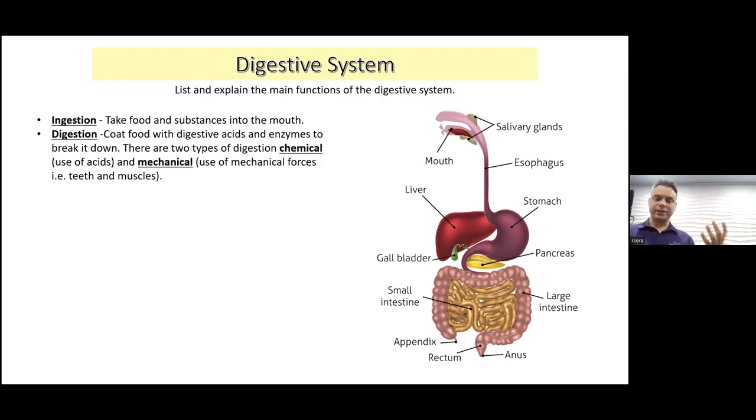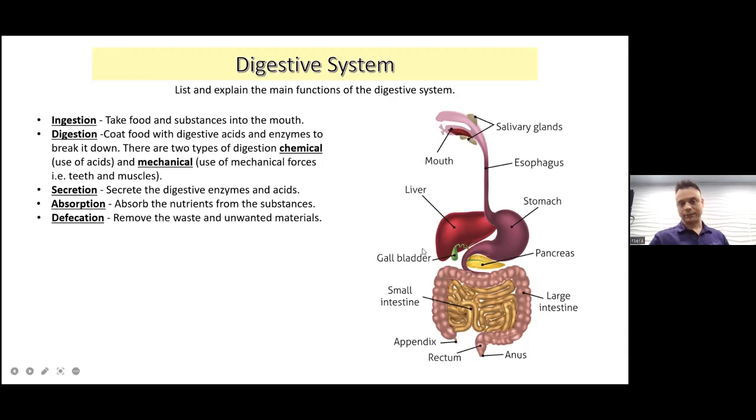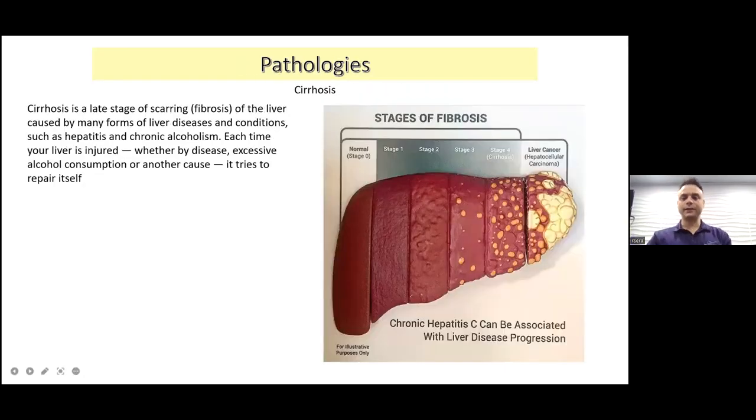And so this digestion just breaks the food down into its tiniest little components. And then, of course, we secrete the digestive enzymes. But after we break all that food down, we absorb the nutrients and everything from the food, right? Well, we all know that we don't literally take everything from the food. There's usually waste product. And so, of course, we have to remove the waste. We defecate, poop, right? So what are our conditions and concerns?